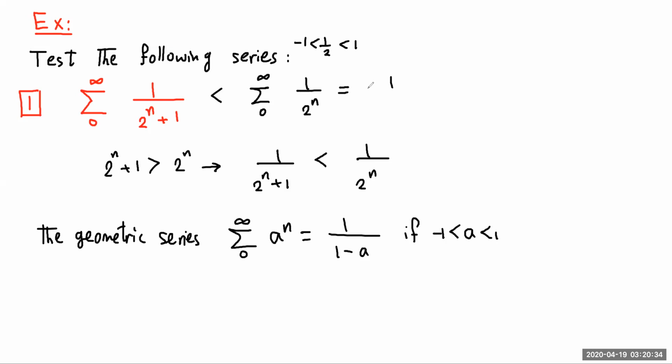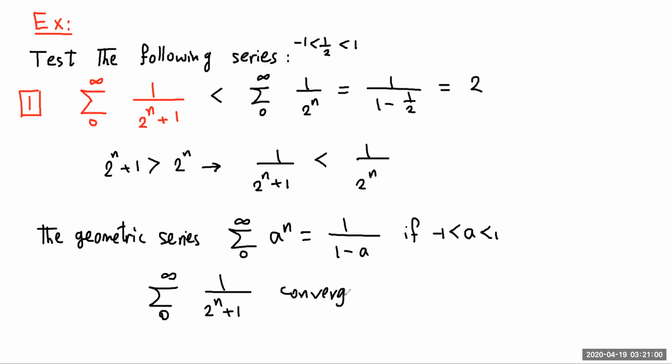So this sigma equals 1 over 1 minus a half, so it's 2. So this sum is less than 2. So it exists, it's a real number. So my series here, sigma 1 over 2 power n plus 1 from 0 to infinity, converges. So it's less than infinity, using the comparison test.